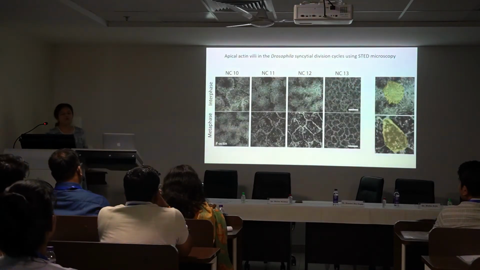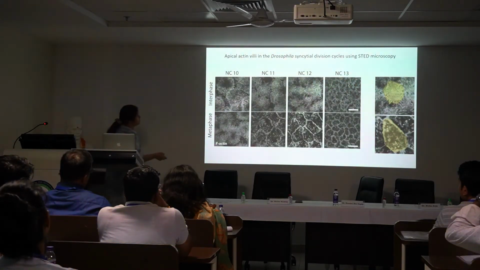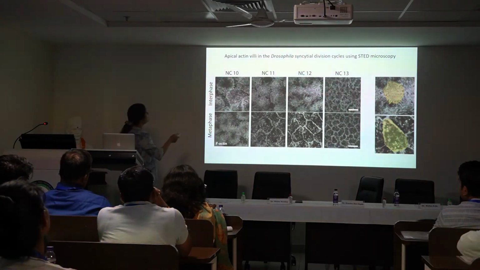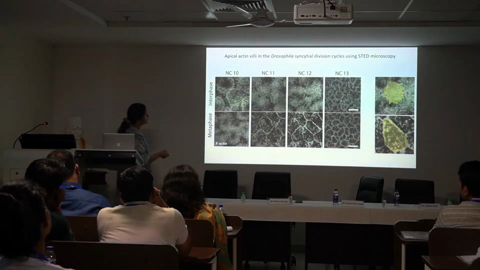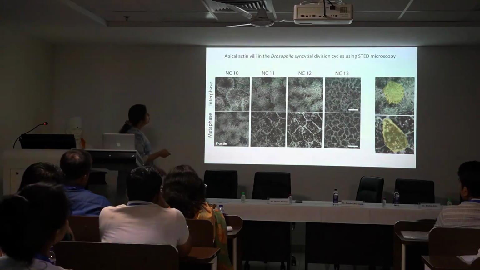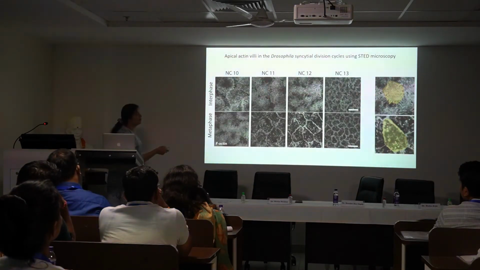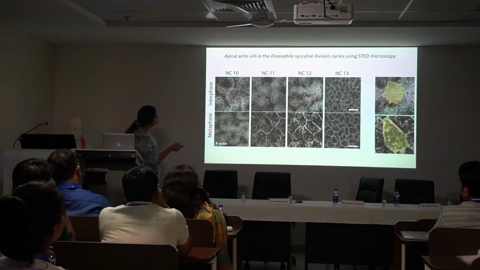So what we did was we used STED, and these are images from the same STED microscope. We looked at different division cycles, division cycle 10, 11, 12, 13, and we are looking at interphase and metaphase. And what you can hopefully appreciate over here is that we can see these villi-like structures. They are abundant. They are present around each individual cell.